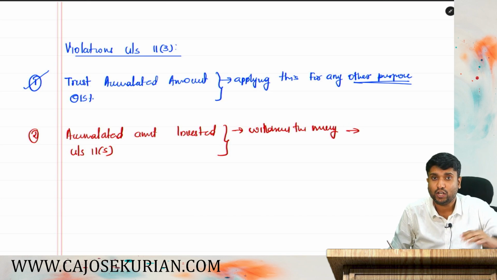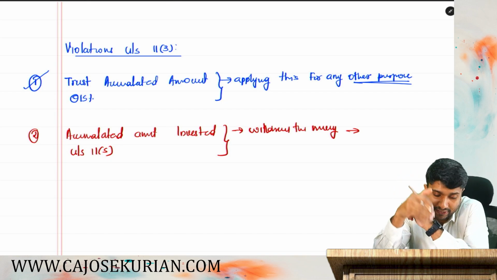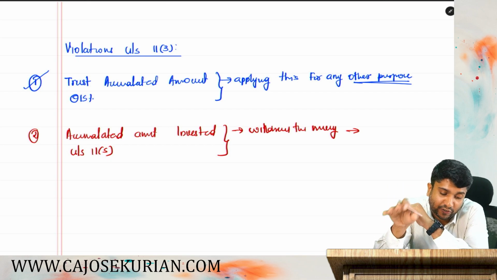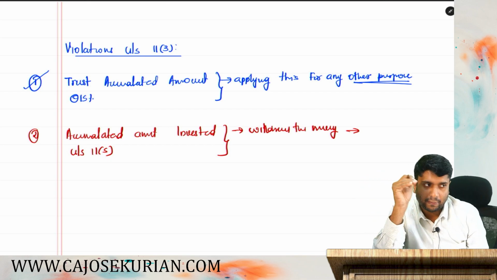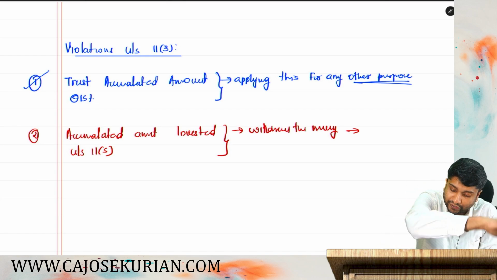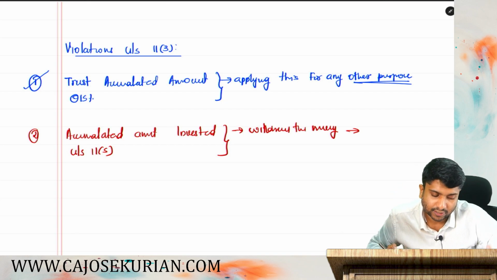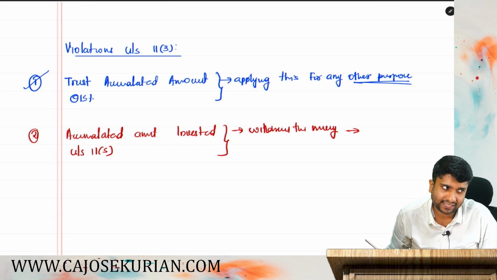It will be considered as a violation, and that is violation number 2. If the accumulated amount ceases to remain invested or deposited in modes specified under 11 subsection 5, then such income shall be deemed to be income of that previous year. You need to invest it and keep it over there. If you are withdrawing the money or you are not investing the money, then that will be considered as what? A violation under 11 subsection 3. I hope it is clear.